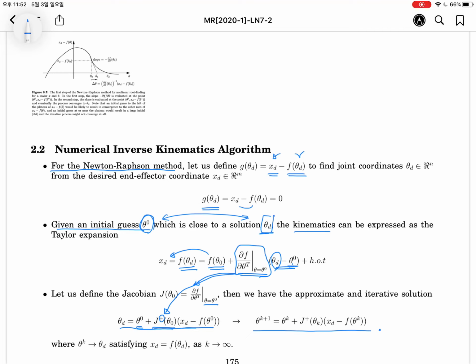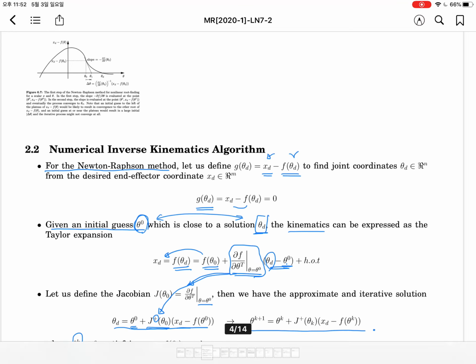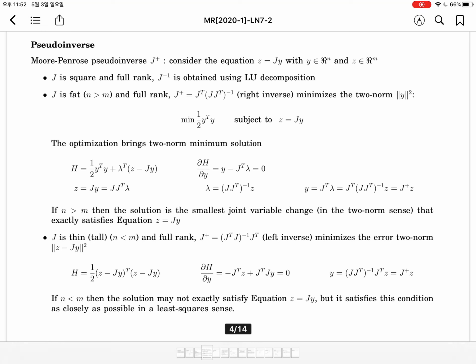It can be generalized like this. Okay, this method is very effective. As k goes to infinity, the iteration goes to infinity, and at that time the solution theta k will approach the target value.